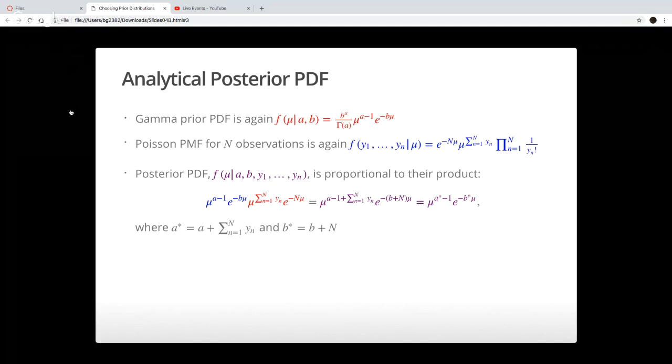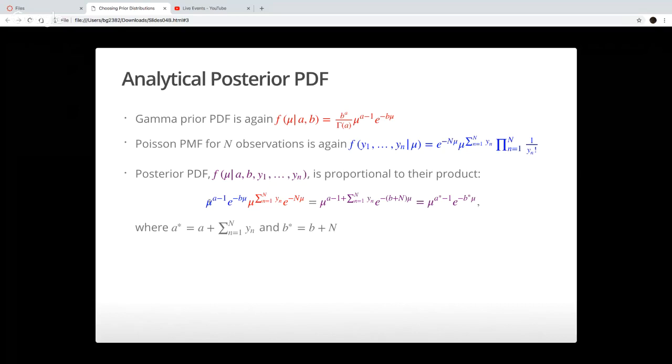So it doesn't matter if I get rid of them up front or leave them in, but it's less stuff to write and keep track of when I don't. And so by dropping those terms that don't depend on mu, I'm left with what's known as the kernel of the posterior distribution.